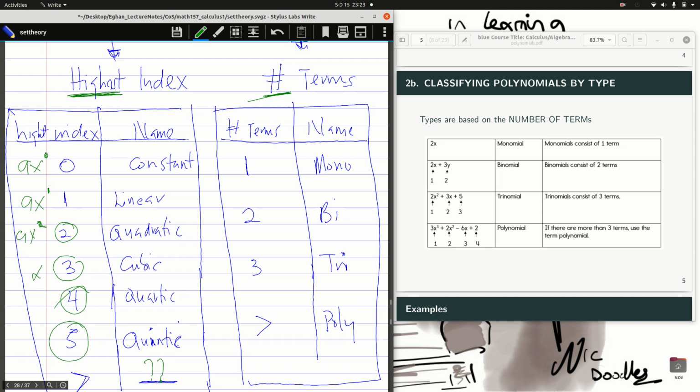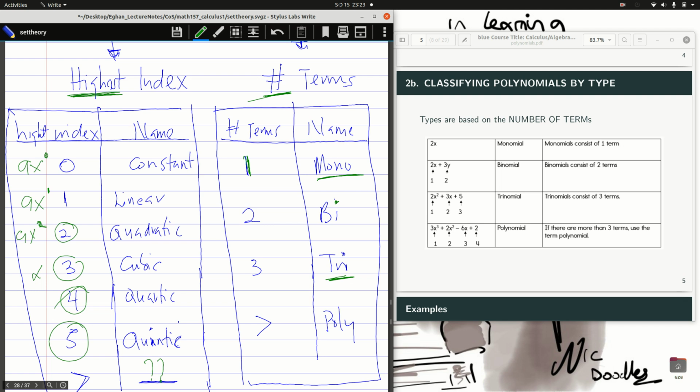Okay. But if I want to classify by terms or type, we are looking at the number of terms. So 1 term, it is mono. This is an English word. 2 terms, it is bi. 3, tri. And we add the polynomials. So monomial, binomial, trinomial. When you hear these terms, you know you are dealing with 3 terms, 2 terms, or 1 term.